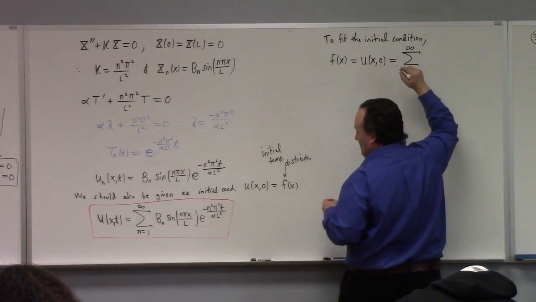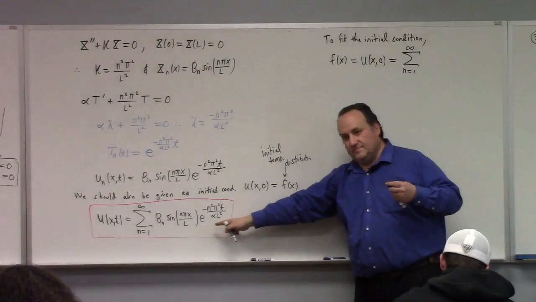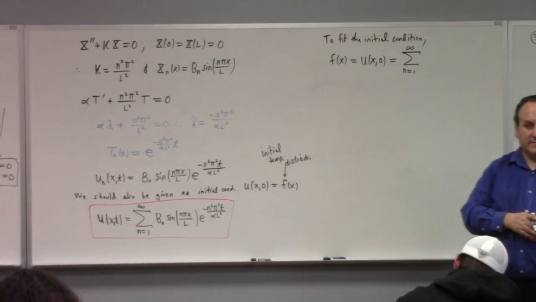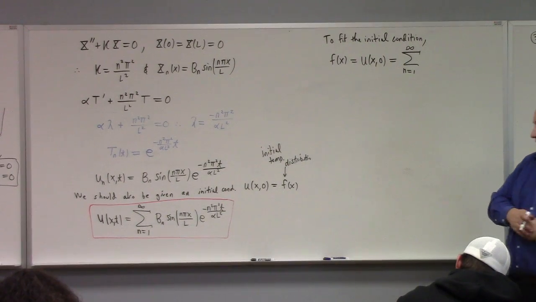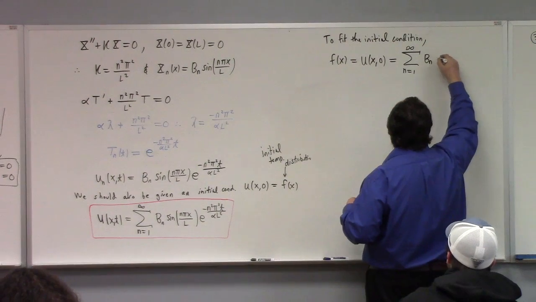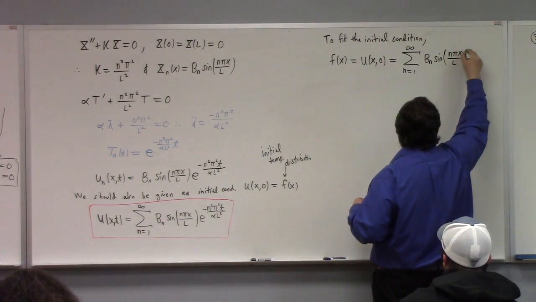Sum n equals 1 to infinity. And what happens with time 0 in this solution? E to the 0 is 1, right? So we just get b sub n times the sine of n pi x over L.